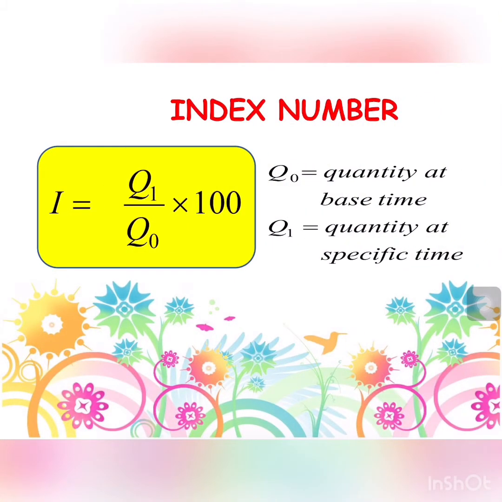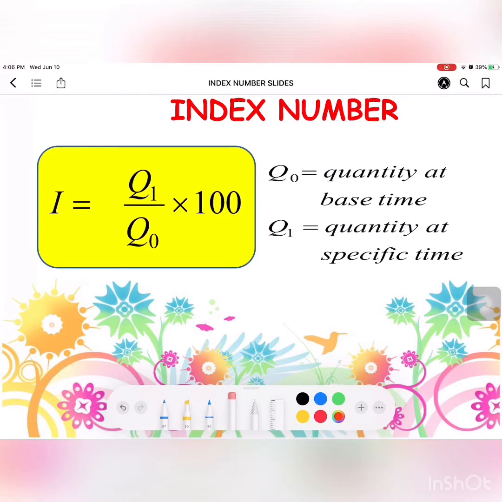So basically this is the formula for index number. First things first, you have to know the quantity at base time and the quantity at specific time.